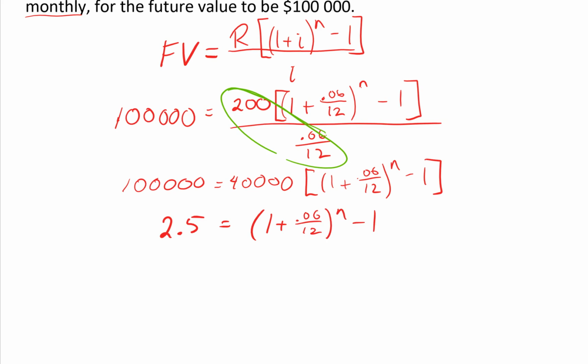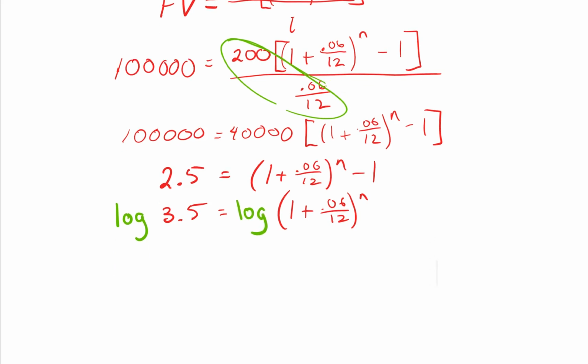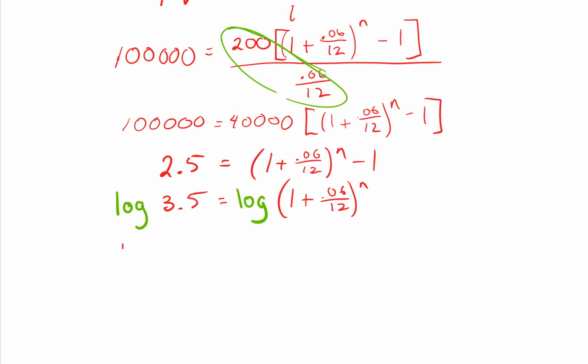Okay, now what? Well, I'm going to add 1 to both sides. Okay, and now I want to get that exponent out of there, so I'm going to take the log of both sides. That will allow me to write N in the front.